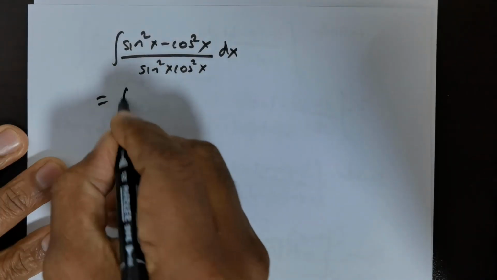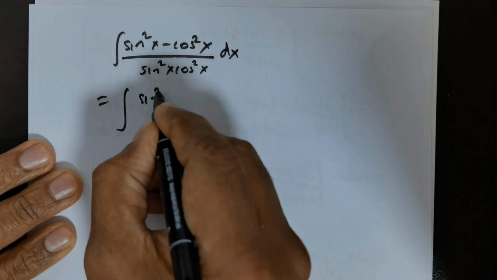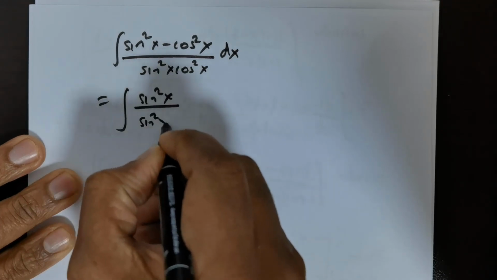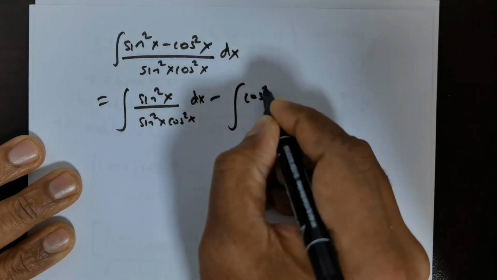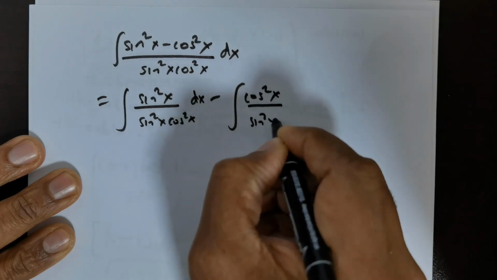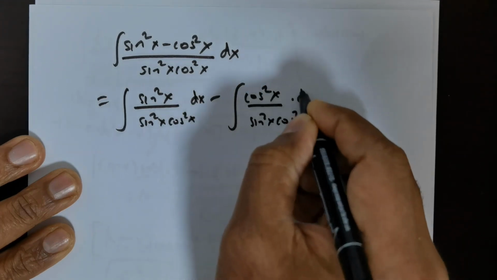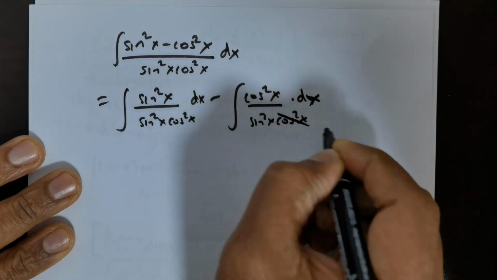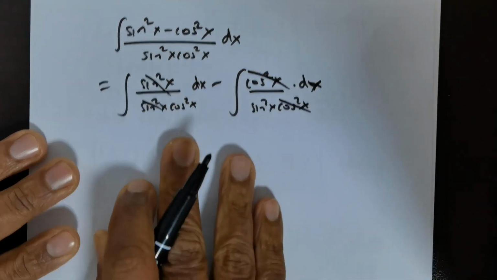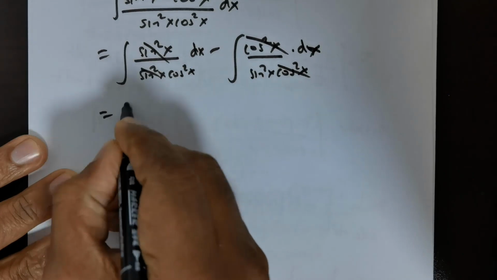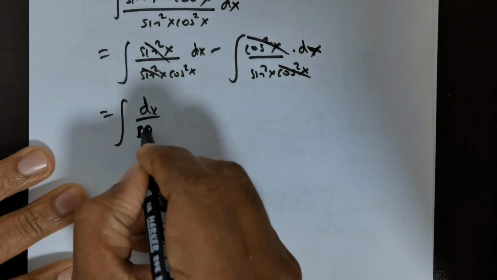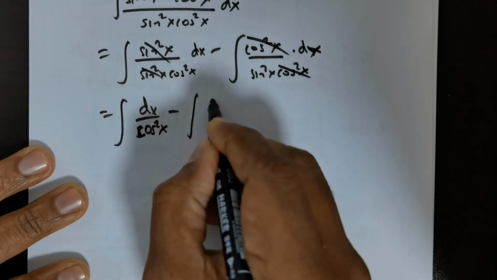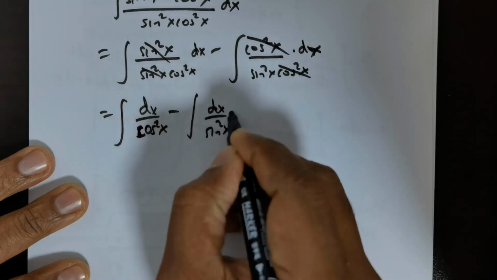Now we can rewrite this by splitting. So it's going to be the integral of sine squared x divided by sine squared x cos squared x dx, minus cos squared x divided by sine squared x times cos squared x dx. Cos squared x and sine squared x get cancelled. This is going to give me the integral of dx over cos squared x minus the integral of dx over sine squared x.